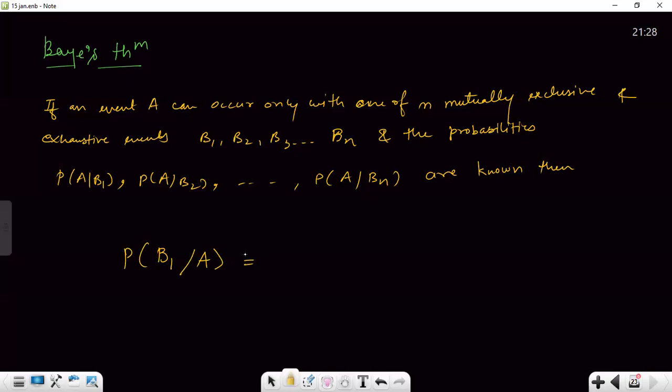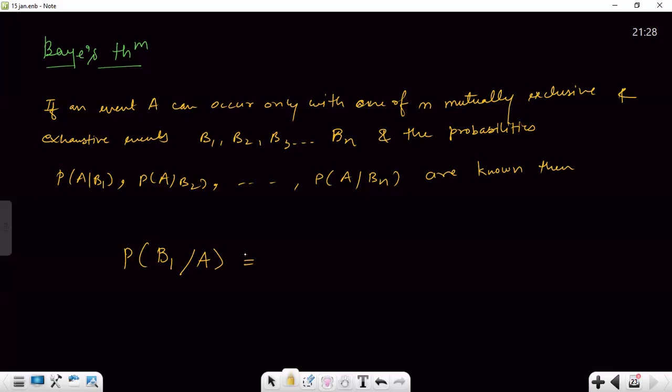So you have to first make a choice out of these n events, and making that particular choice, we are calling that an event: Event B1, B2, B3, Bn. You can only choose one at a time, and then you can go ahead with the event A. So now, if you have to find out the probability of choosing B1 when event A has happened, it will be given by Bayes theorem.